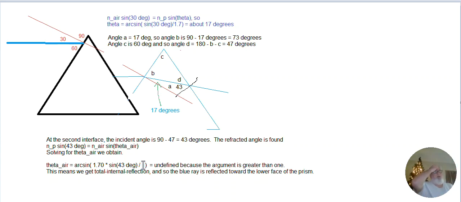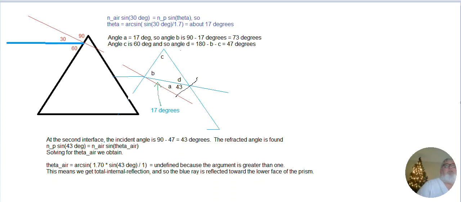We get something that's undefined, because 1.7 times sine 43 degrees divided by 1 is larger than 1. That's outside the domain of the arc sine function. Nothing refracts through. We get total internal reflection.